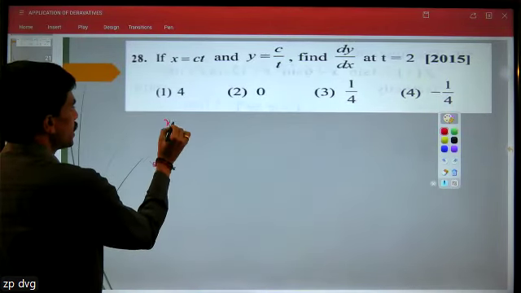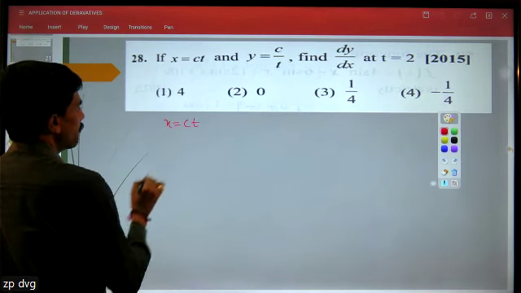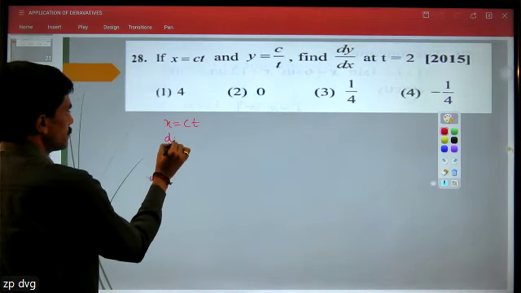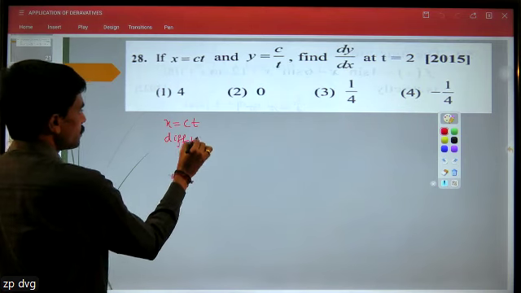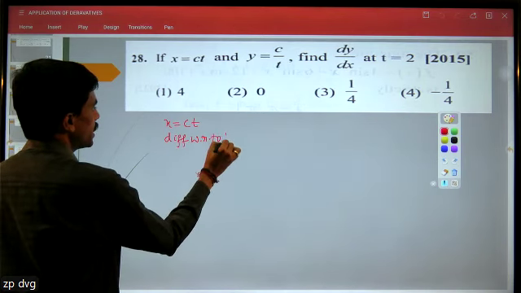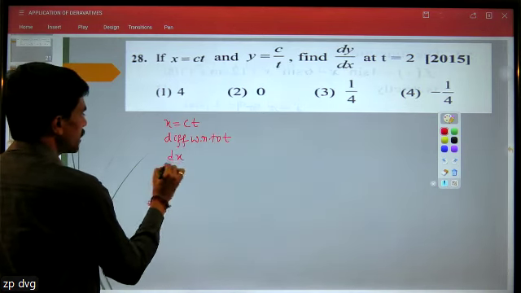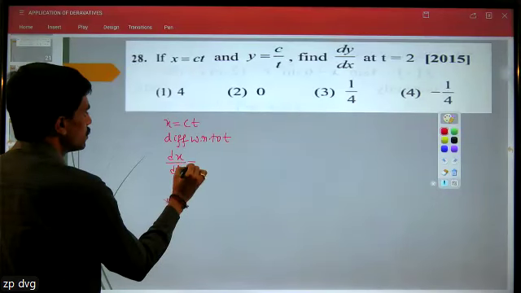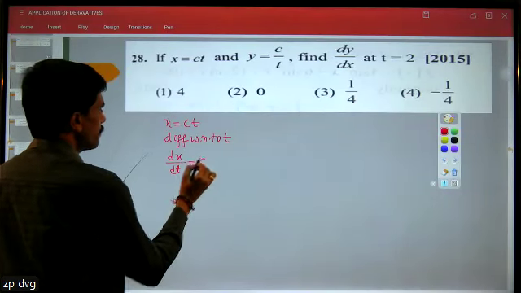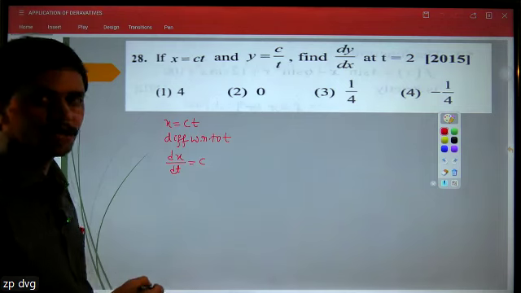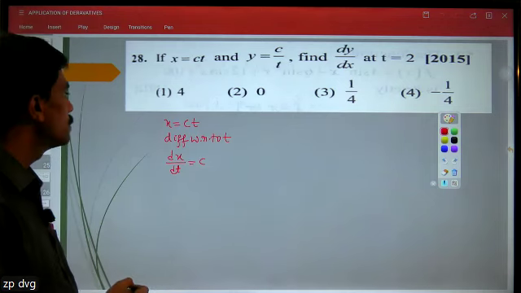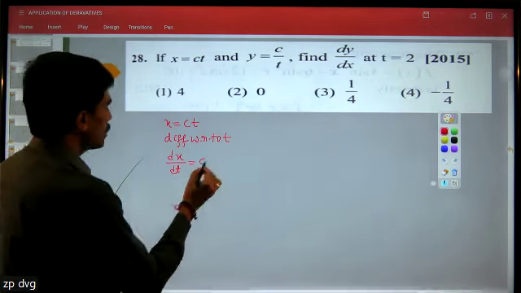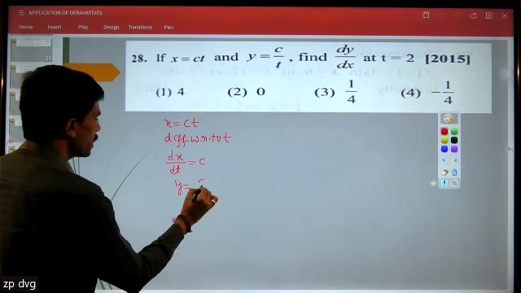They are given that x is equal to ct. Differentiate with respect to t, we get dx by dt is equal to c, because the derivative of t with respect to t is 1. Next, they are given that y is equal to c by t.